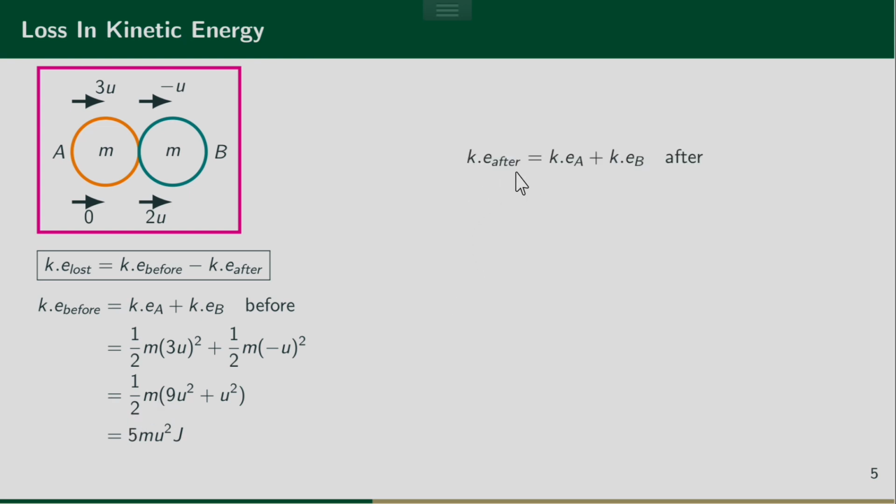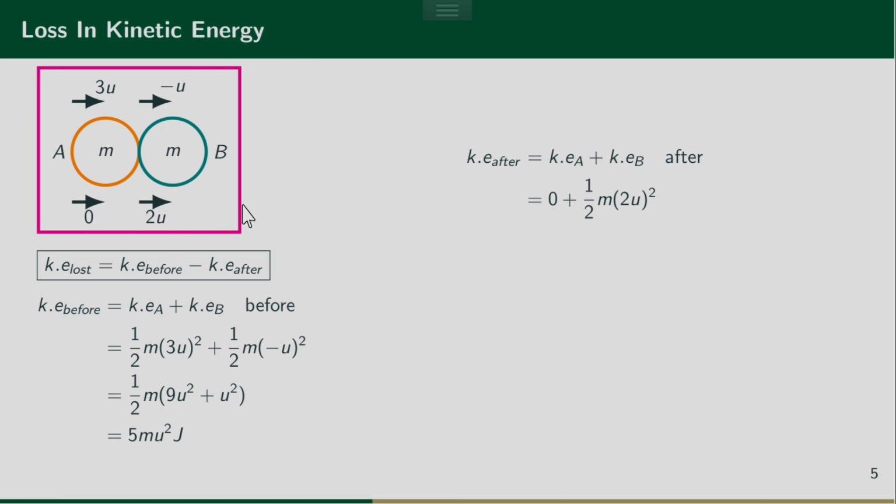Now what about after? After will just be the KE that each of the objects has, but after impact. So I just find the kinetic energy of each of the particles, but of course the kinetic energy of sphere A after impact is 0, because after impact it is brought to rest and it is not moving, so it has no velocity.